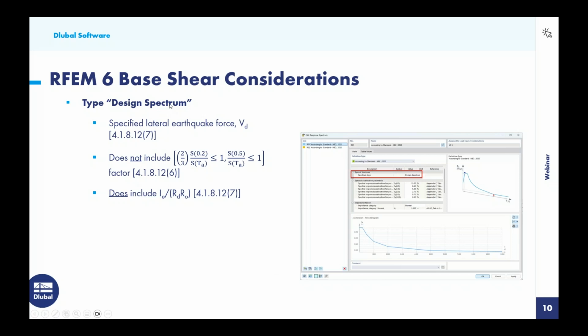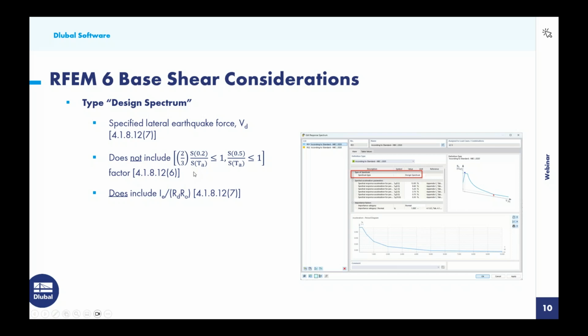And with the output that we have seen up until this point in time in our RFEM example, this is actually giving us our base shear for the specified lateral earthquake force V sub D set forth in Article 4.1.8.12.7. However, I do want to clarify it does not include that additional factor from 4.1.8.12.6.